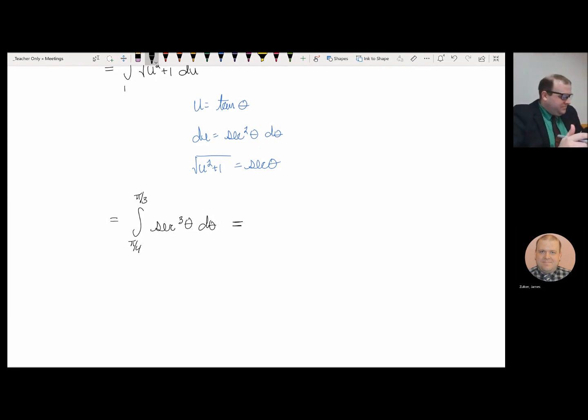All right. Now at this point, I decide, okay, secant cubed, I'm just going to wind up using a secant reduction. So why not just use the secant cubed formula on the table, which is number 26.